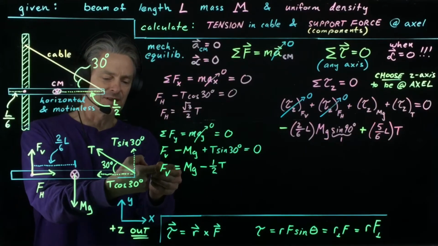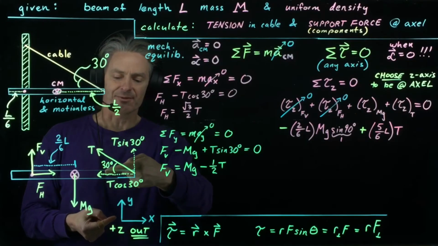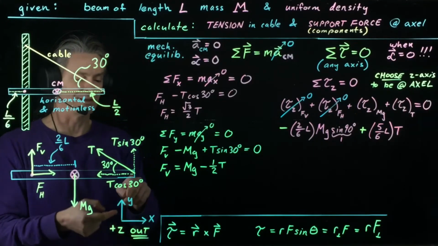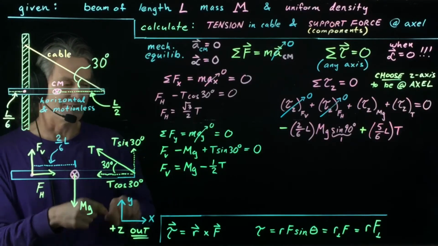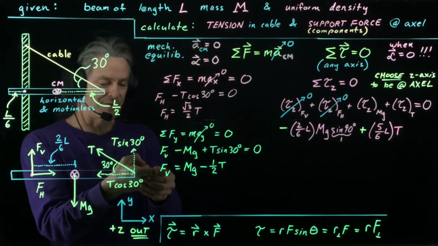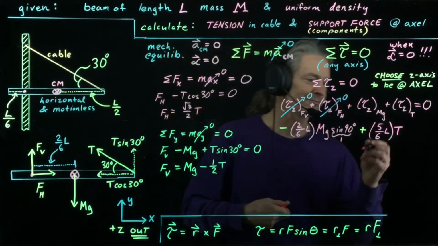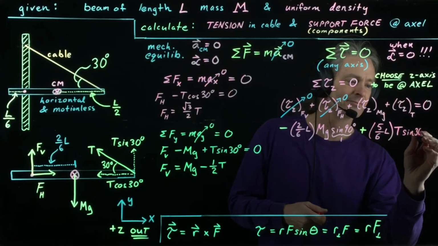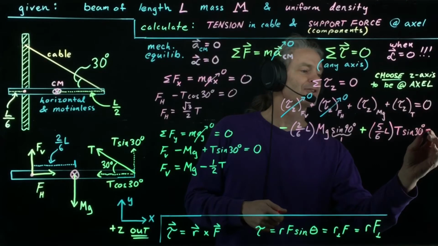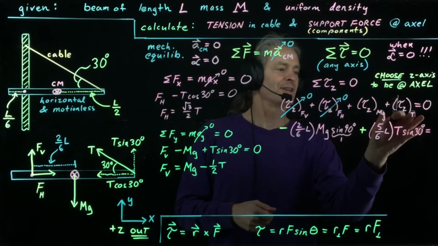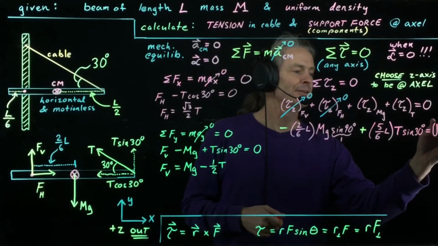So the sine of this 150 degree angle is the same as the sine of this 30 degree angle here. In other words, this angle and this angle have the same sine. So instead of the sine of 150 degrees, I could put in the sine of 30 degrees. And I can just squeeze this in. That takes care of this. All I'm left with here is the 0.